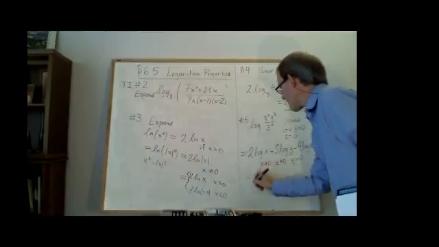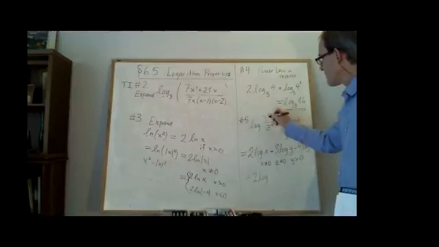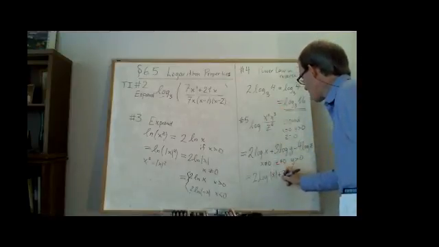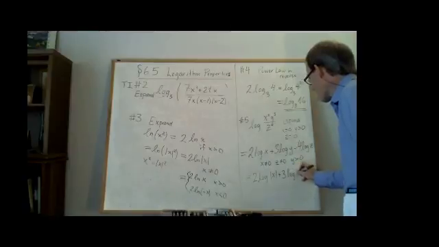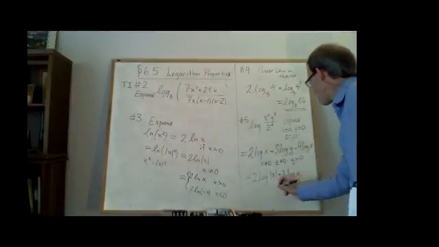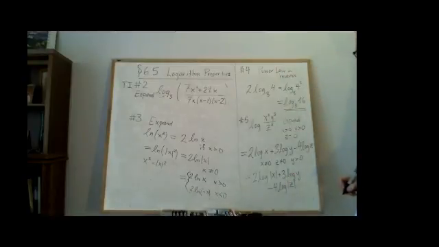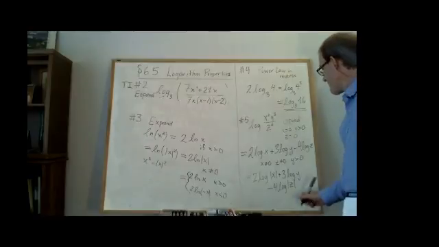the 2 will come out, but it will be an absolute value sign here left. The y will stay the same, and minus 4 log base 10 of absolute value z. Okay, so that's more generally.